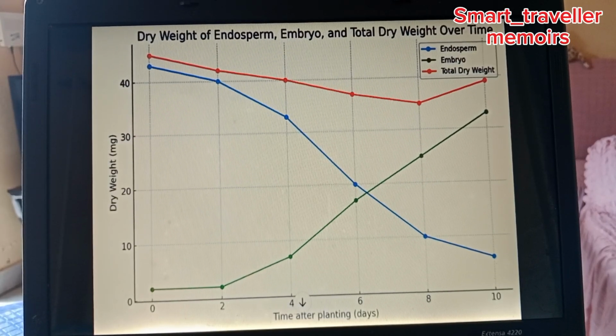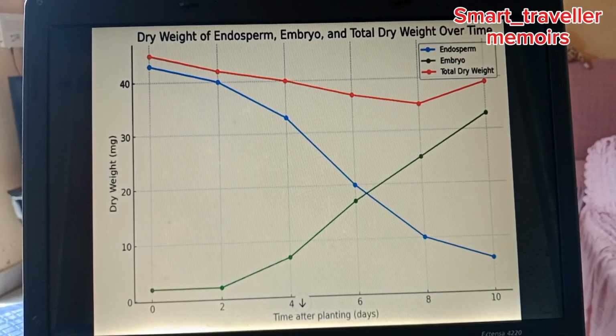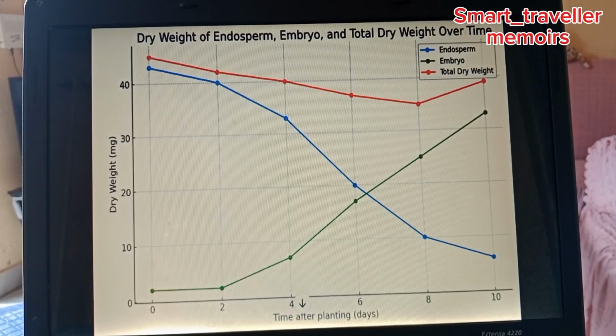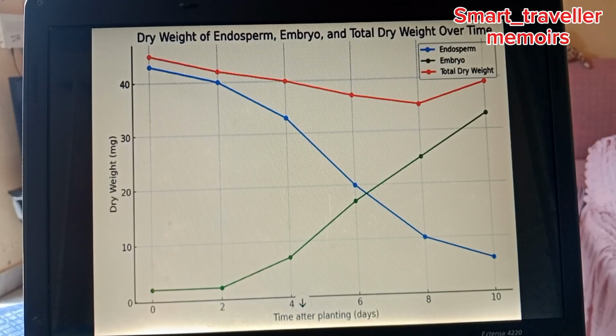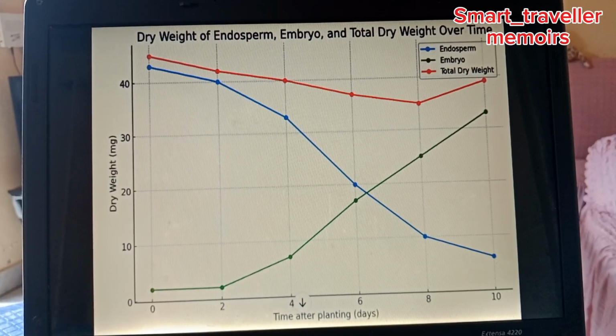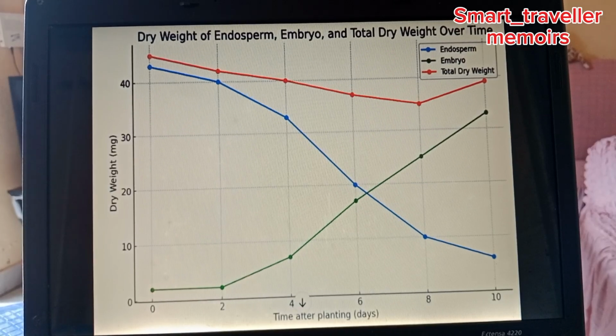Look at the plotting in this one. Here we have used dots. It is allowed in biology, although mathematicians will not agree, but in biology we can put the dots. In the previous one, we used X or cross to mark a point.